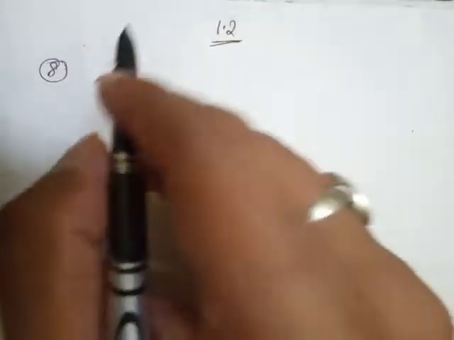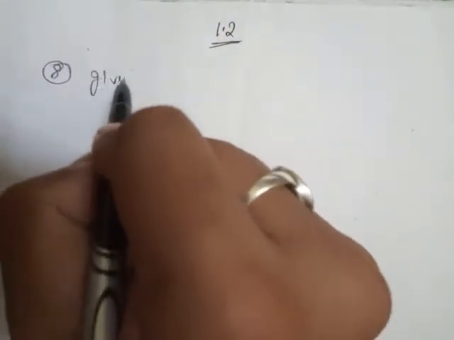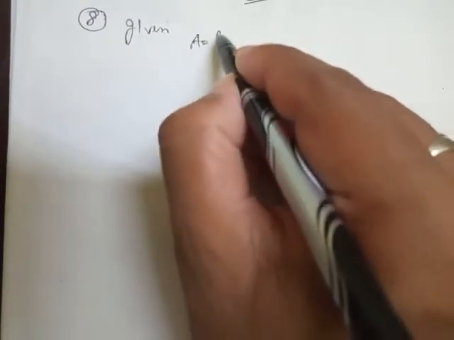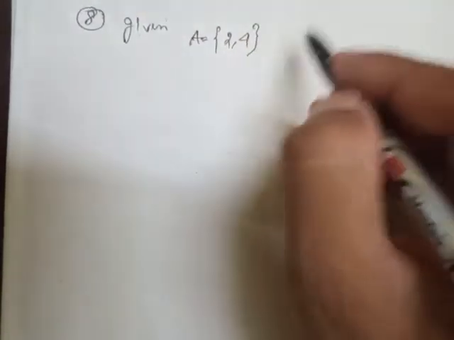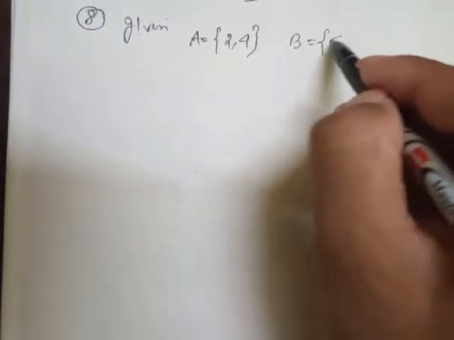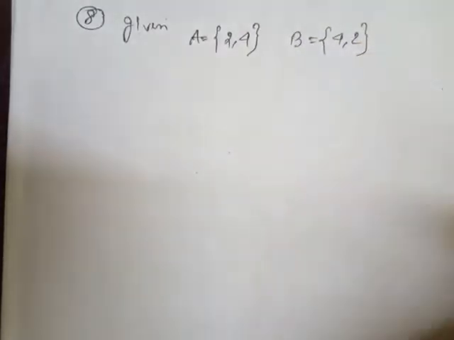Now students, look how to solve this one. Question number 8. Given A = {2, 4} and B = {4, 2}.